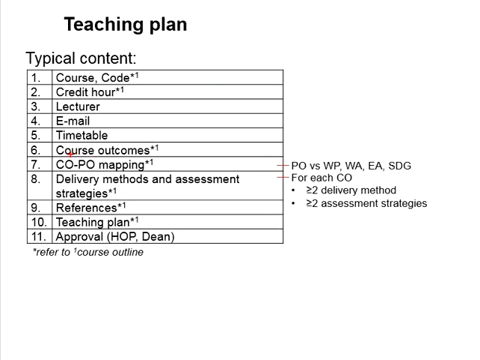The lecturer also needs to be aware of the CO and PO mapping. Whichever teaching and learning activities are designed in order to attain the course outcome, the lecturer will also need to cross-check them: is it also compatible in terms of meeting the program outcome that the CO is mapped to?